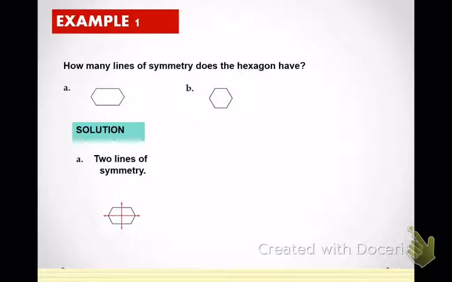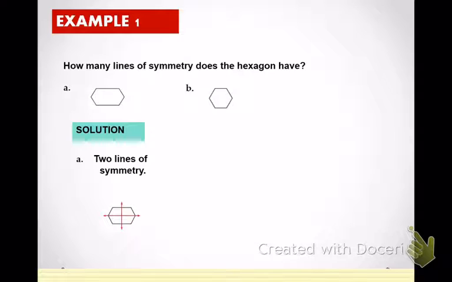Okay, what about a regular hexagon? How many lines of symmetry does it have? He says 3. Anybody have another answer?